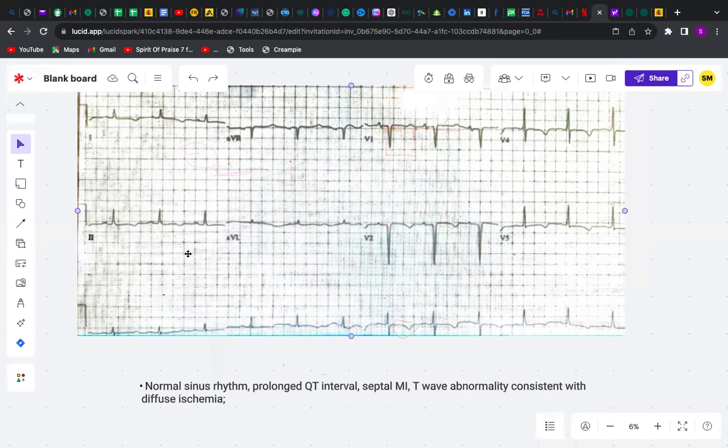And the normal in men is up to 450. In some books they say 440 milliseconds, and in women it's 460.